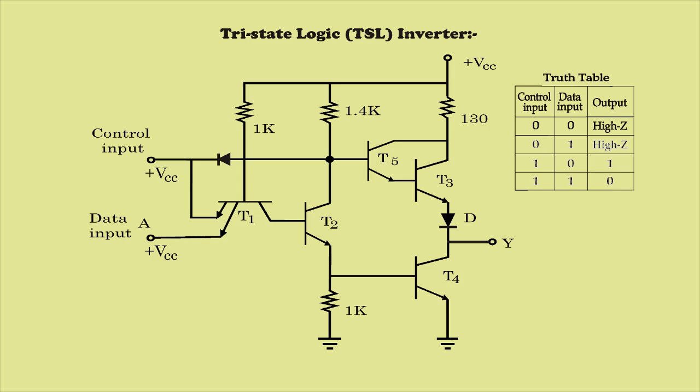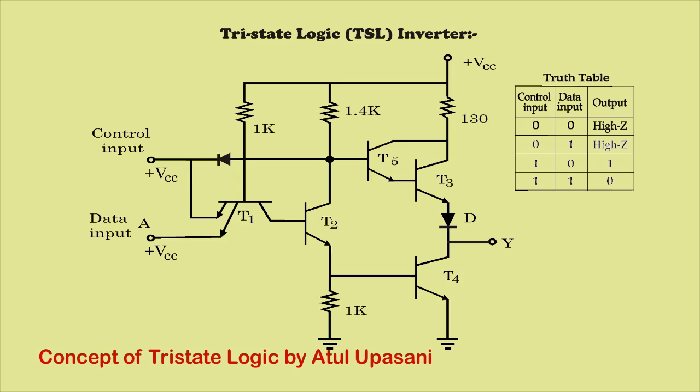If transistor T5 is not getting any voltage at its base, then it will obviously be off. And if it is off, there will be no voltage at the emitter of transistor T5, and this emitter is connected to the base of transistor T3. So the base of transistor T3 is also not getting any voltage. So right now T5 is off, which will make T3 off. So both transistors will be off.